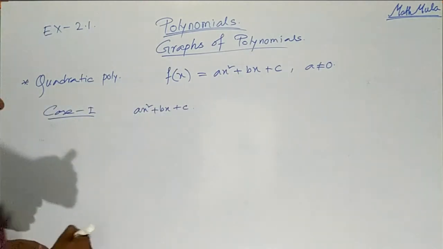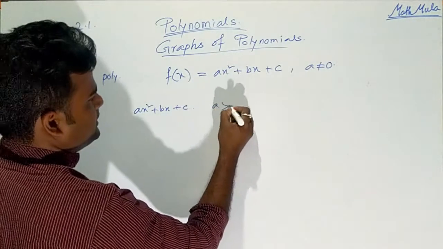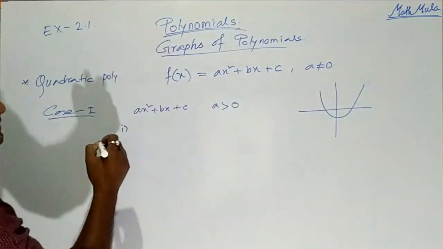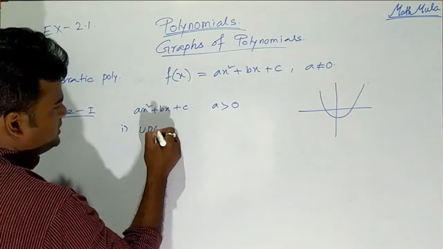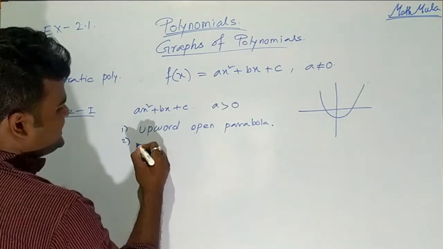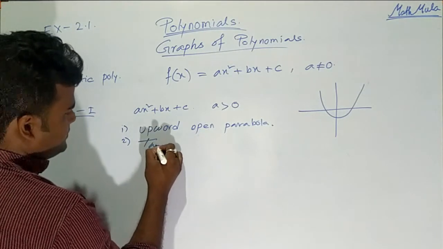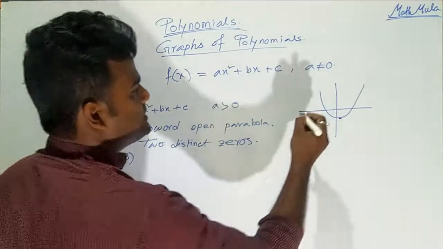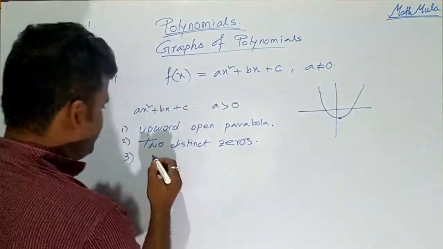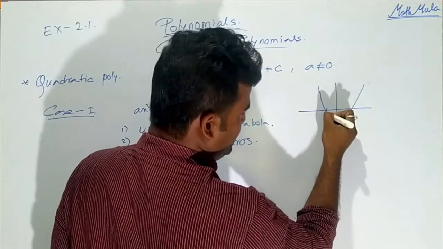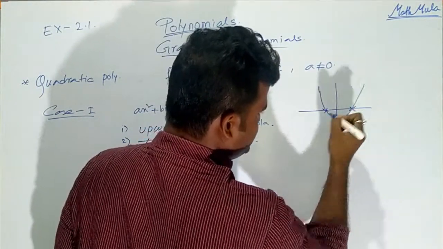For this polynomial, if a is greater than 0, then the graph will be like this. This curve is an upward open parabola, and the second point, two distinct zeros. Open upward parabola means the upper side is open, and two distinct zeros means the graph cuts the x-axis at two distinct points.